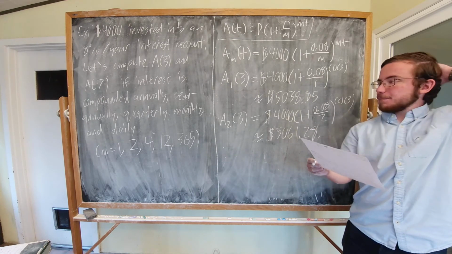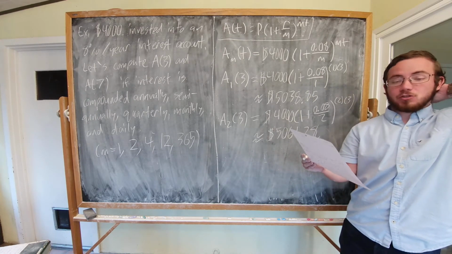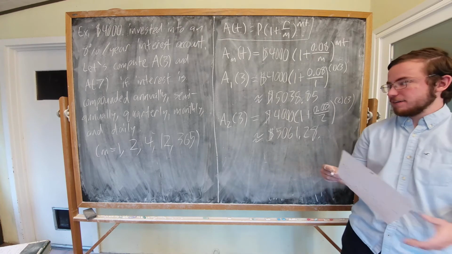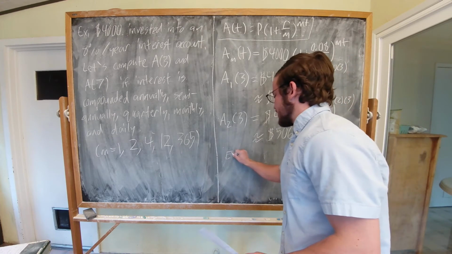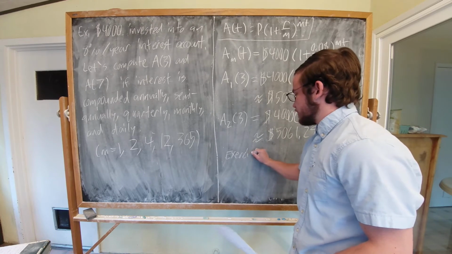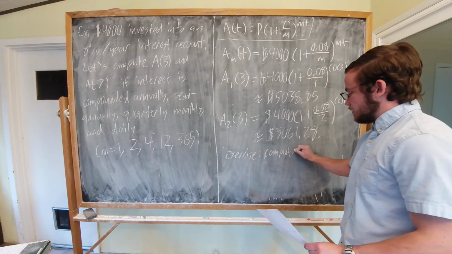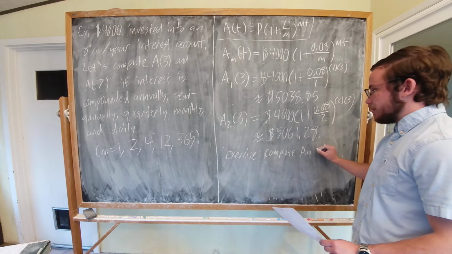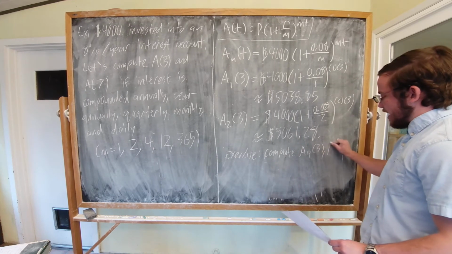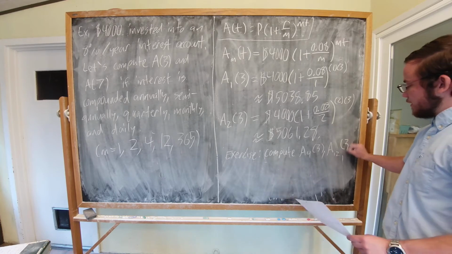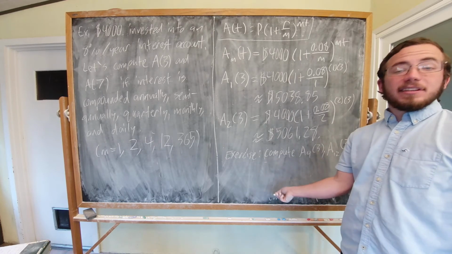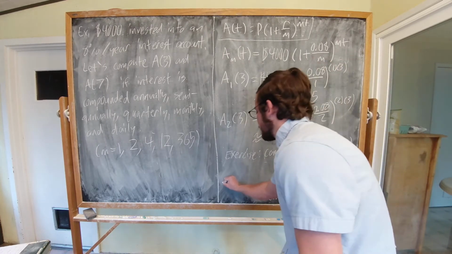What if we skip 4 and 12? Let's just jump to 365. Your exercise: compute a sub 4 of 3 and a sub 12 of 3. Now let's say we are compounding daily.